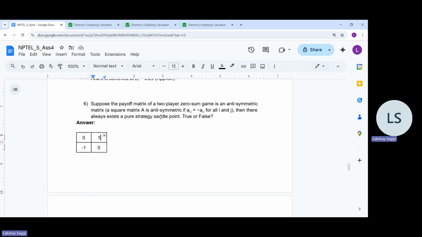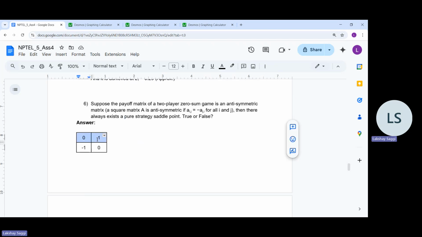So maybe let's look at it from the perspective of calculating the V upper bar of A. What I'm saying is, let's find out the security strategy for the row player, and then we can come to the column player. For the row player, what we want to calculate is the minimum over all rows of the maximum over all columns, in terms of pure strategies.